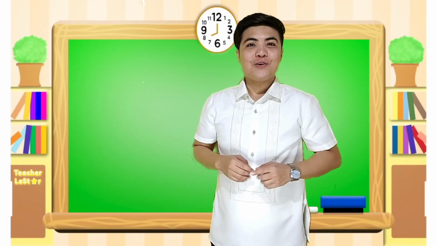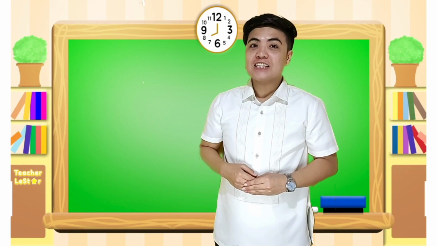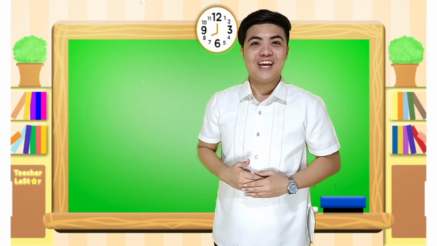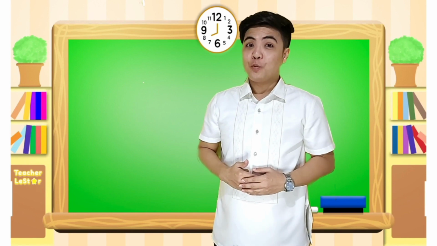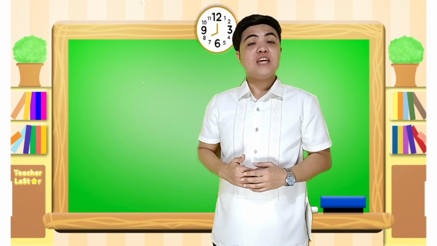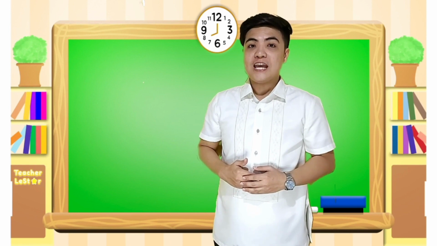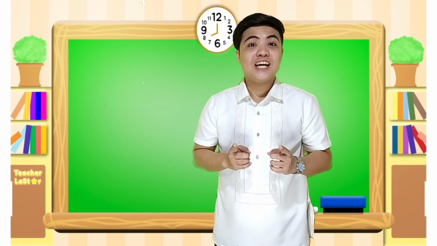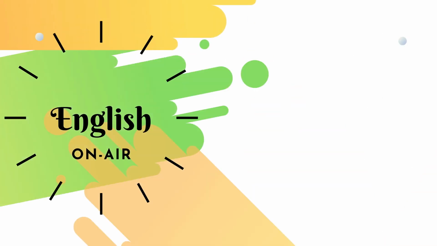If you got all the correct answers, you just got 5 stars from Teacher Lester. Congratulations! But no worries, if you missed on some of the items, just be sure to take note of the correct answers. Still, you did a wonderful job.